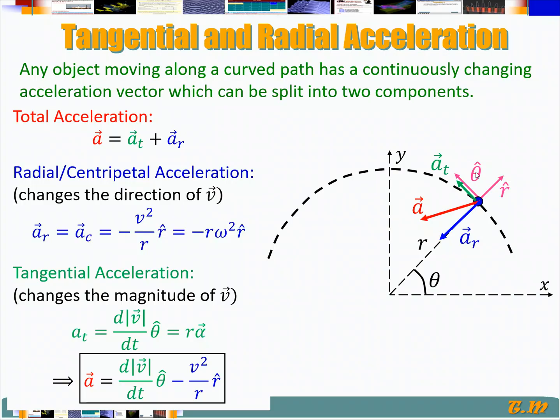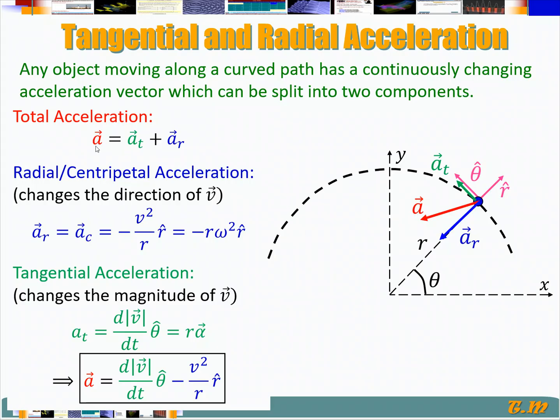So a sub t, if it is speeding up, is going to be pointing along theta, if I'm taking a puck rotating in the counterclockwise direction. So if the acceleration is this way and it's rotating this way, it is speeding up, and a sub t is along theta. The radial acceleration is along minus r.